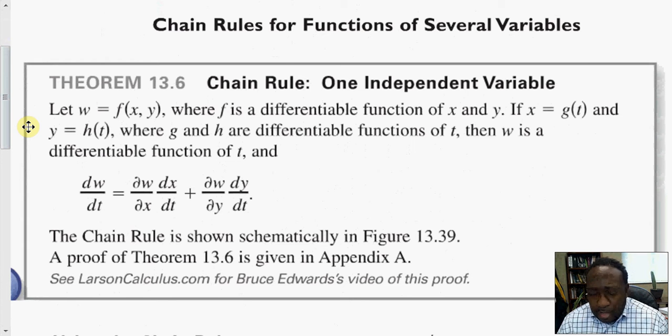X is the function g of t, and y is the function h of t. Where g and h are differentiable functions of t, then dw over dt is the partial of w with respect to x times dx over dt plus the partial of w with respect to y times dy over dt.